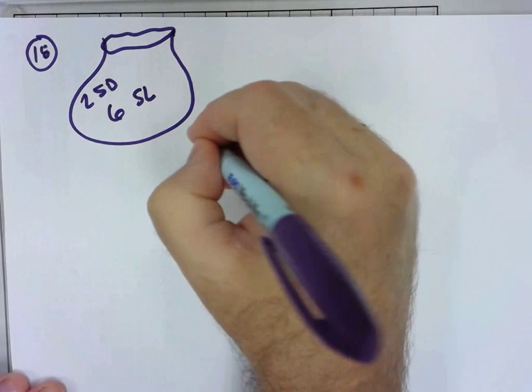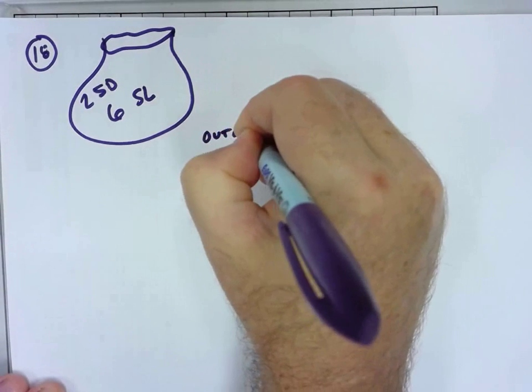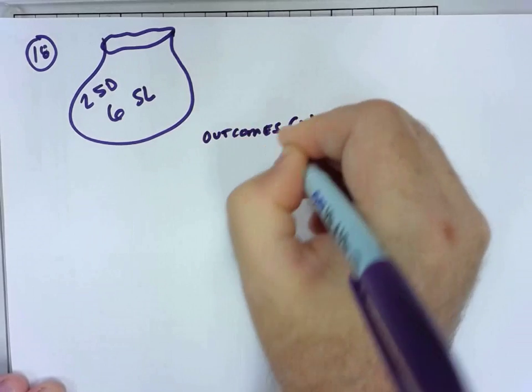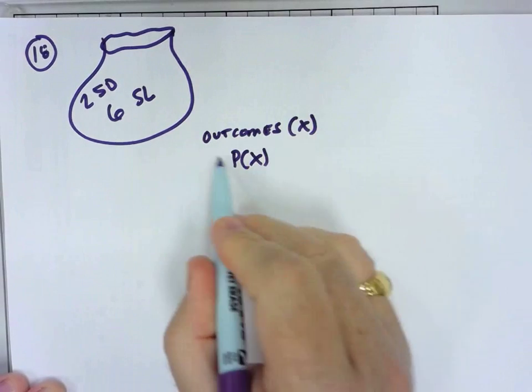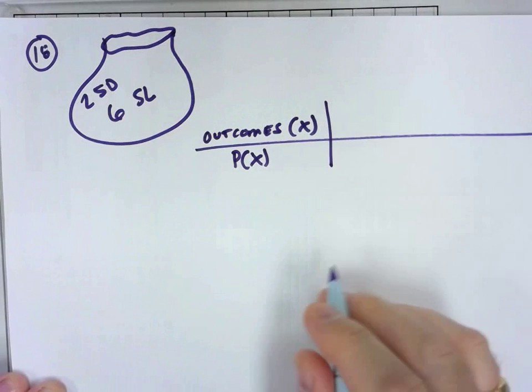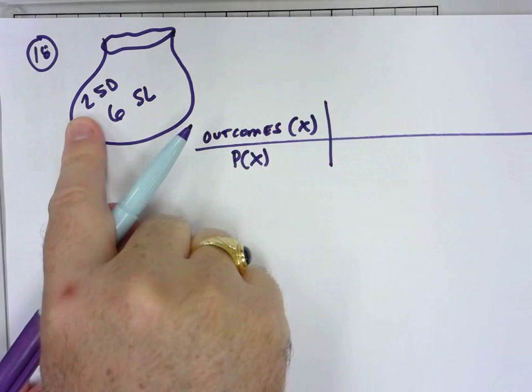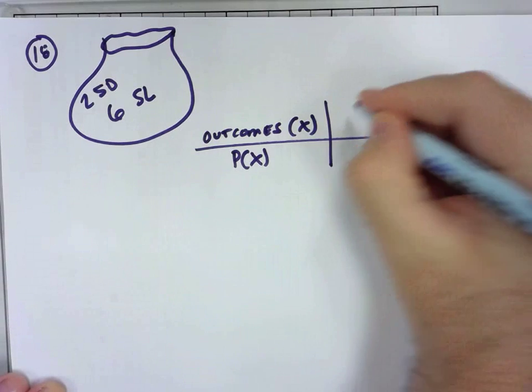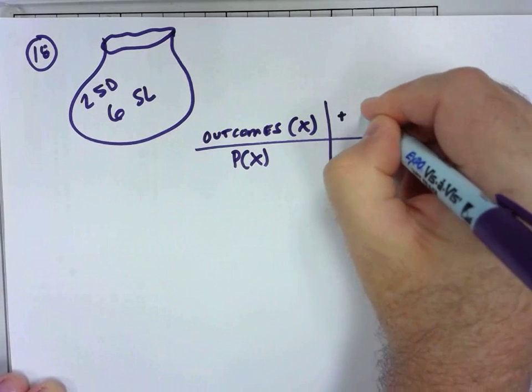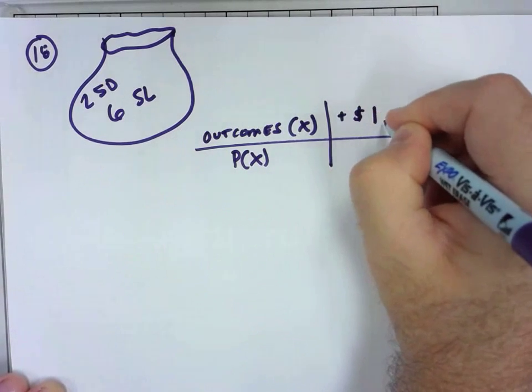So we're going to look at the outcomes, and we're going to look at the probability of the outcome. The first outcome is that you reach in the bag and you pull a silver dollar. So if I pull a silver dollar, I'm getting $1.